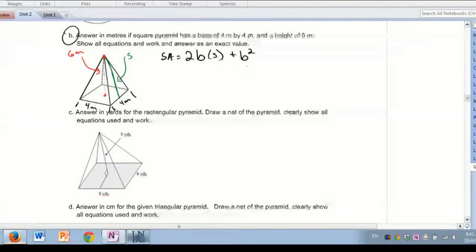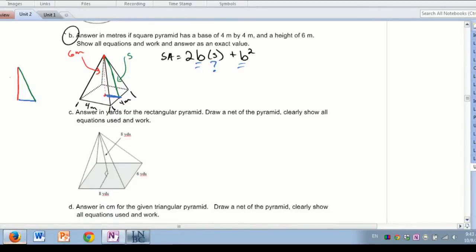The only sort of trick here is we need to find the triangle, to find the S. So we have the base, but we don't have this. So we need to find that slant height. So I'm going to go ahead and just draw another triangle off to the side here. Just think about cutting it out of the inside of the pyramid that I've drawn there.